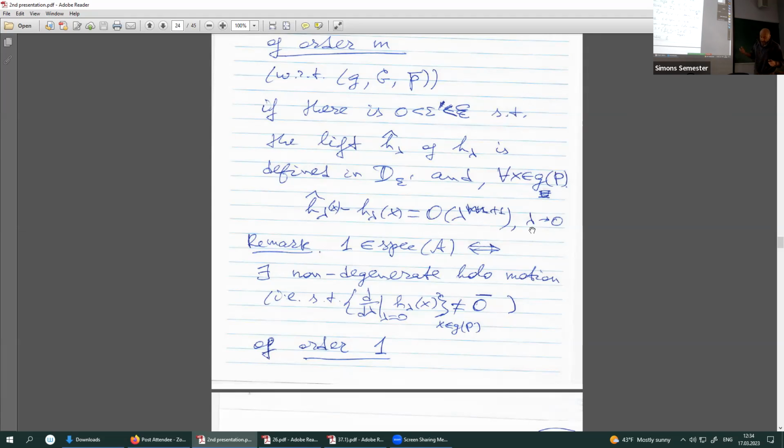But what does eigenvector mean? It means that at each point of G of P, of this finite set, there is a vector, the coordinate of this eigenvector corresponding to 1.